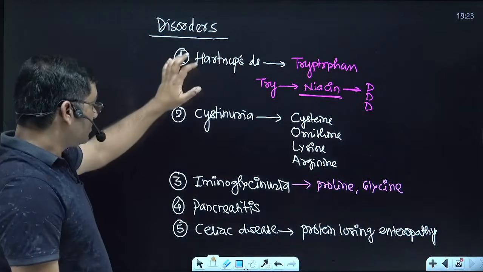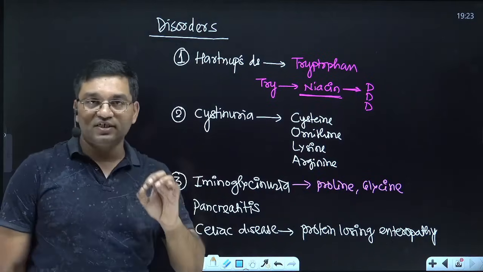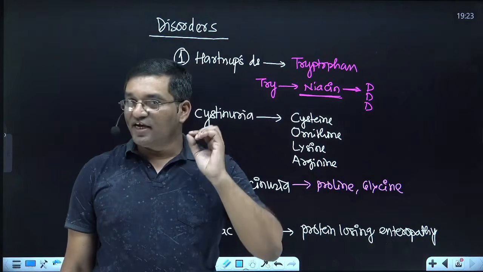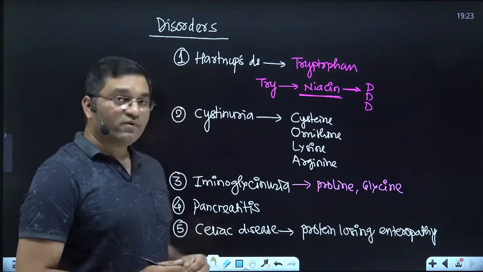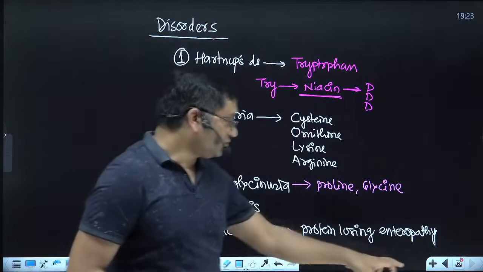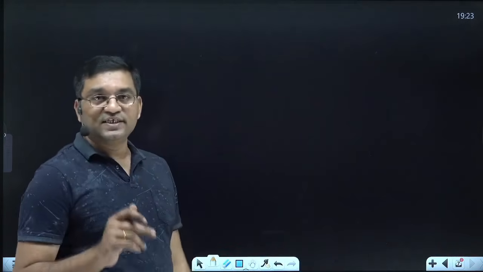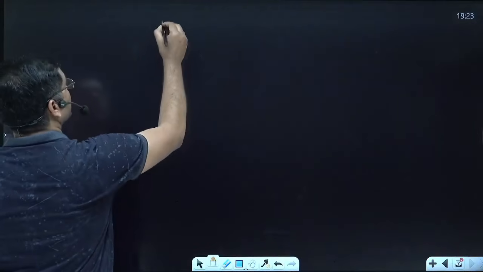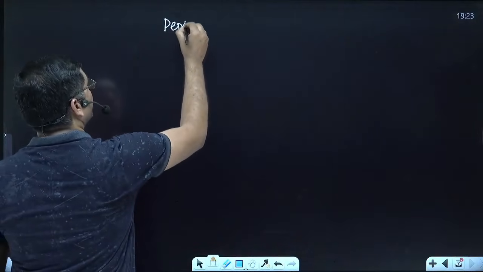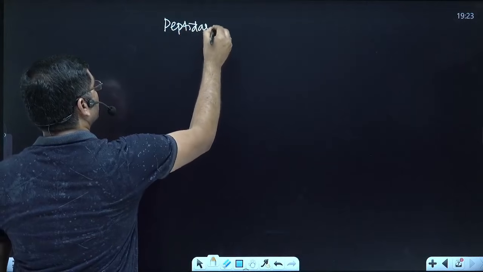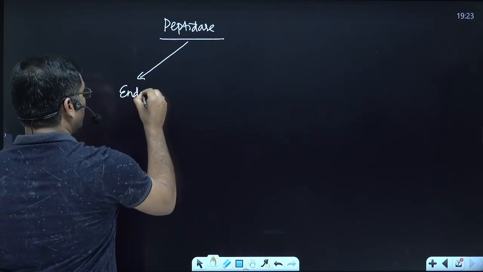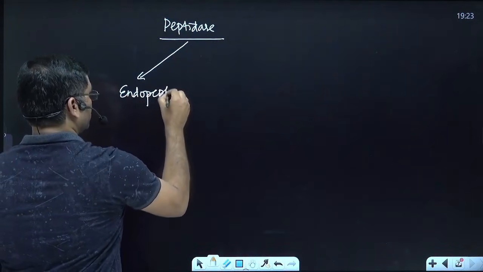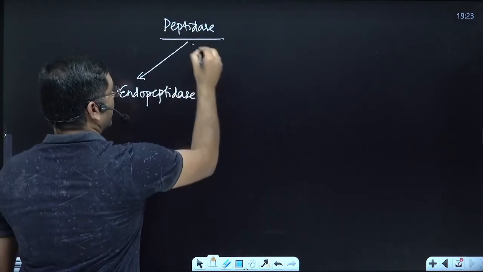So these are a few disorders related to the digestion and absorption of proteins. Once again, we'll revise this. We discussed two types of peptidases, endopeptidase and exopeptidase.